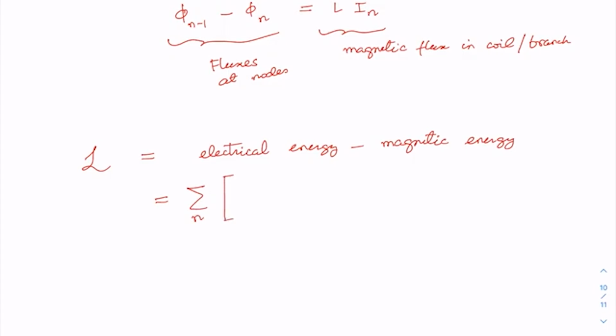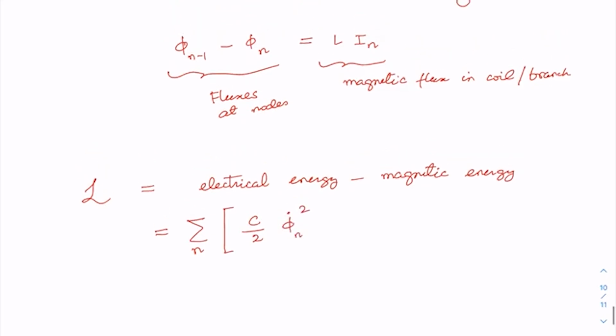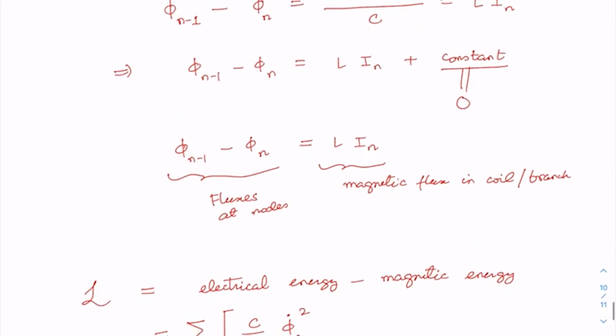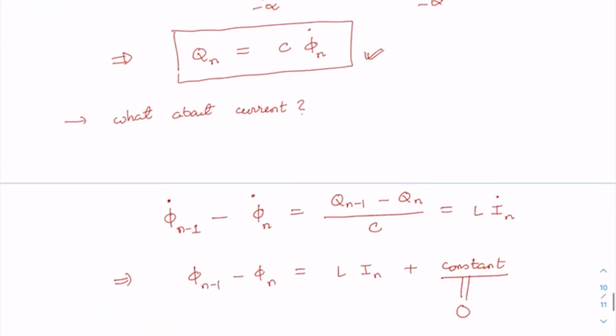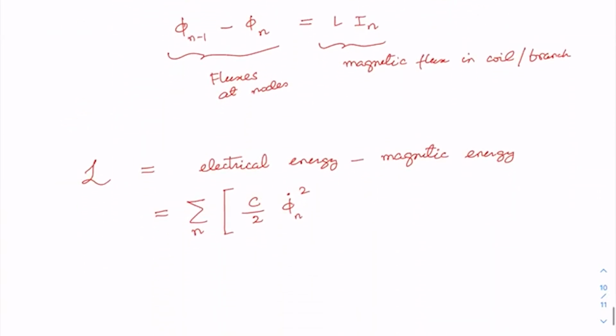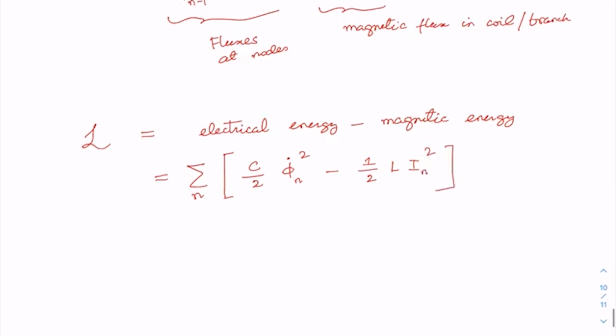So at a particular node n, I have the electrical energy C by 2 phi n dot squared, that is the charge term. And then I have minus half L I n squared, that's the magnetic energy part.